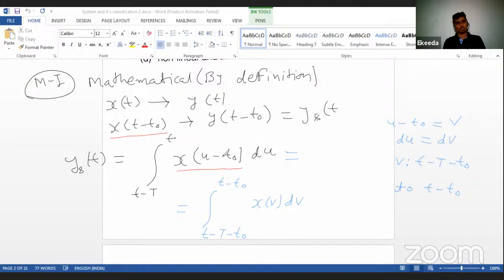You can see that if you replace t with t - t0 in y(t), then you will also get the same. If you go by definition, y(t) was the integral from t - T to t of x(u) du.